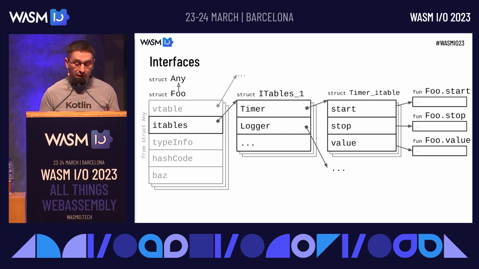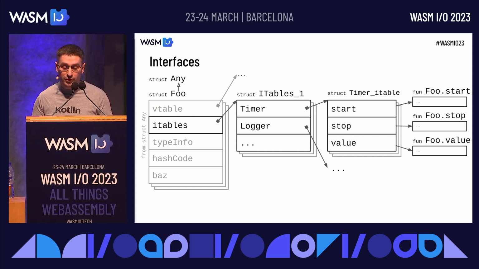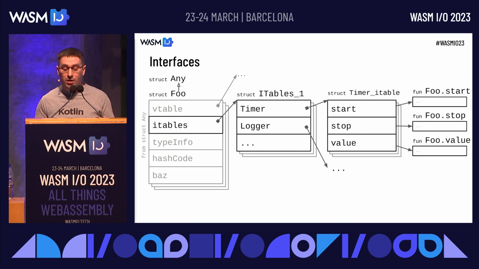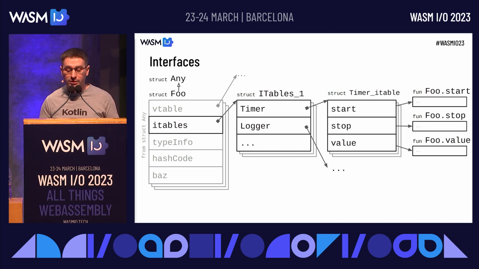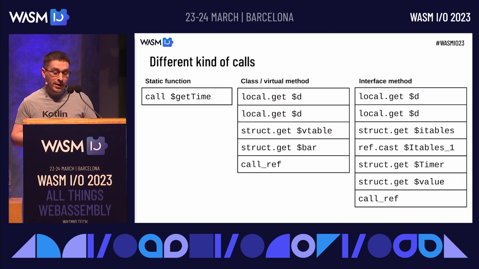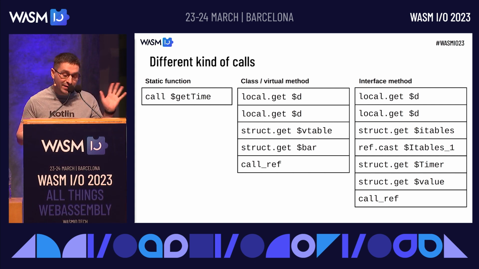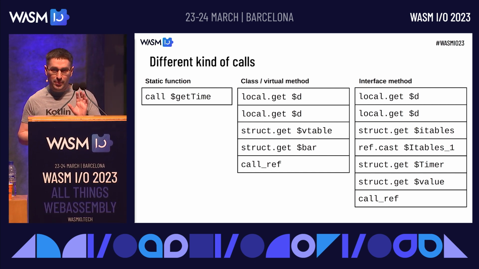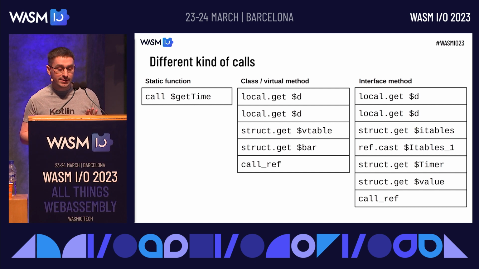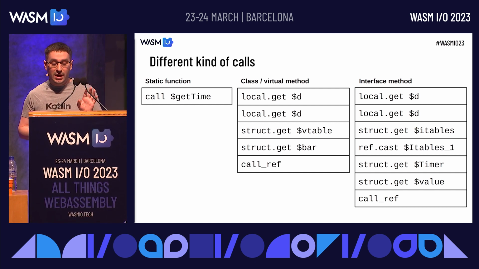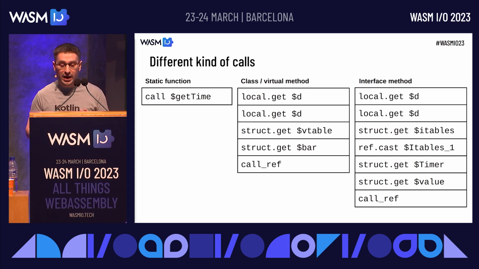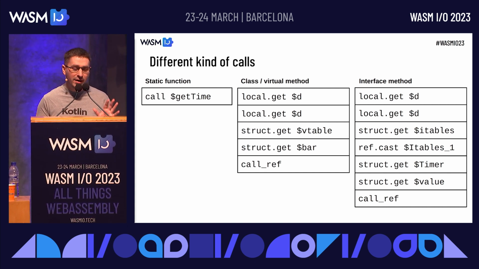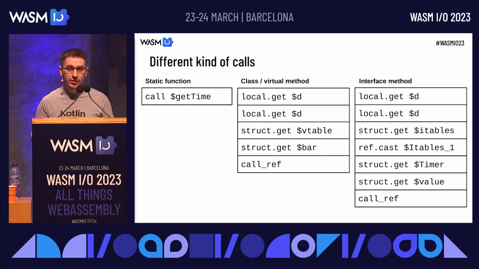And calling interface methods is similar to the virtual one we've seen before, but needs slightly more instructions. Here is a comparison of different calls. It gives a good sense of the cost of calls, but be careful. It doesn't necessarily mean, for example, that every virtual call is five times slower than every static call. There are many aspects that could affect your runtime performance.